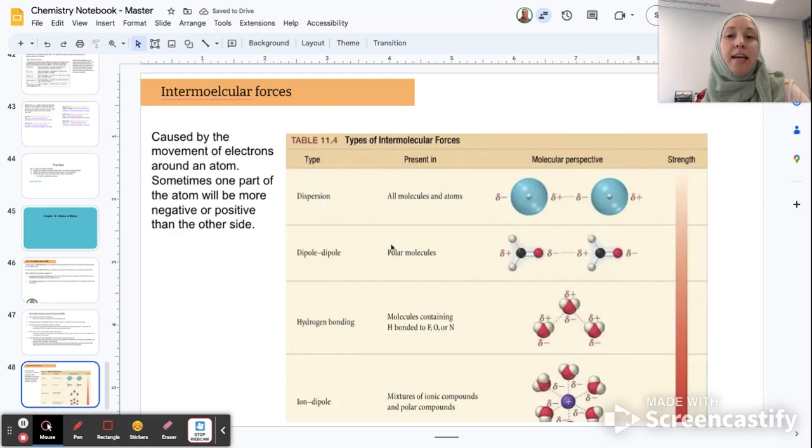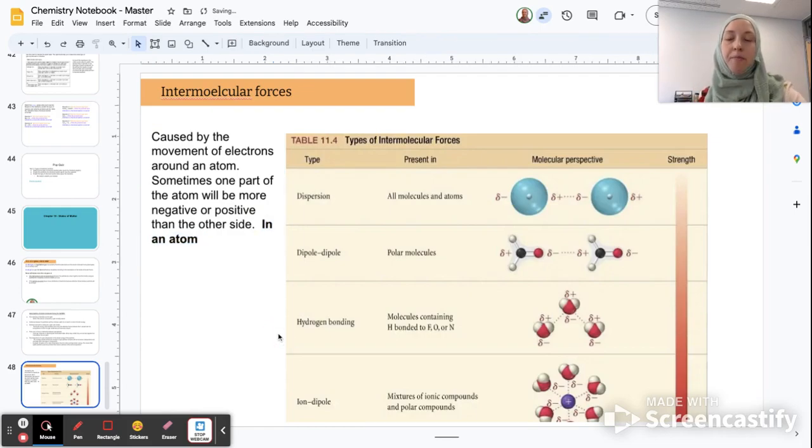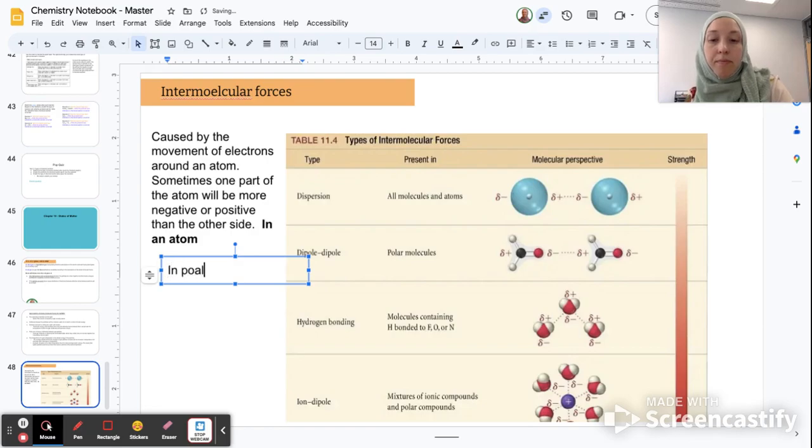Dipole-dipole. I would like you to write this into your notebook. This one is in polar molecules. Dipole-dipole forces happen in polar molecules, and you should have learned what polar molecules are. Remember, one atom is more electronegative than the other, so the electrons spend more time over there.